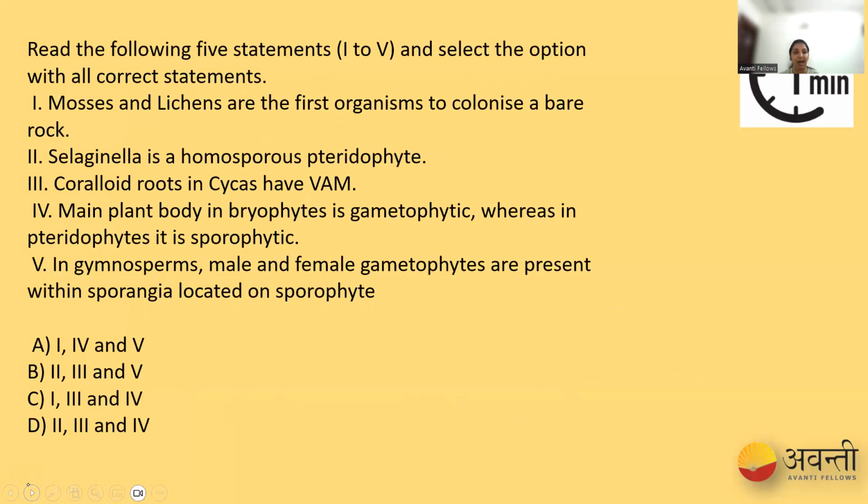Statement 4 is main plant body in bryophyte is gametophytic, whereas in pteridophyte it is sporophytic. Statement 5th, in gymnosperm, male and female gametophytes are present within sporangia located on sporophyte. And the options are given A, B, C, and D, and we have to find out the correct statement, like which option will have all the correct statements. That means we have to eliminate the wrong statement.